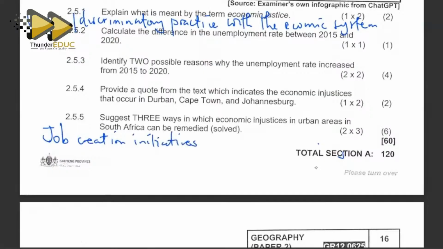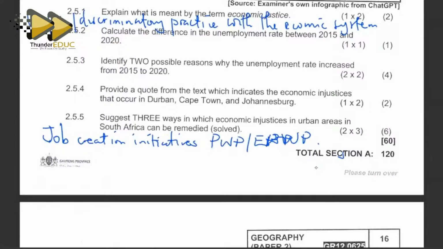The government must engage in job creation initiatives. For example, you can talk of the public works programs or the expanded public works programs, the EPWP. That can be an initiative by the government to try and solve the injustice of unemployment by trying to create low-skill jobs for the people who are unemployed.